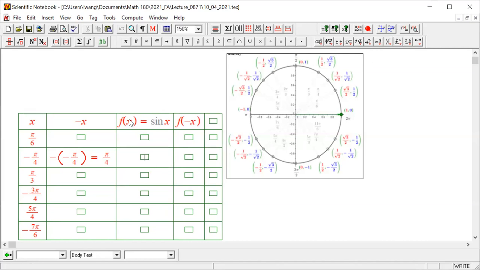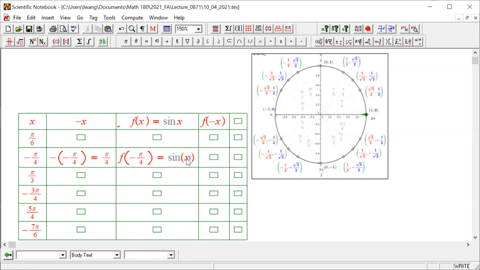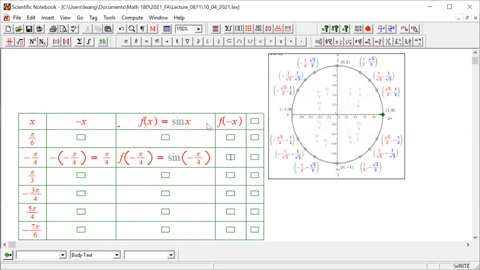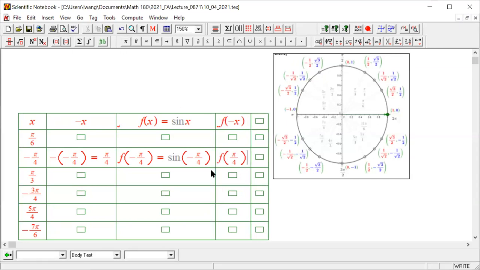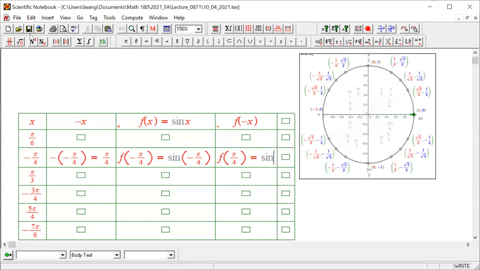So we look at that. When we do f of negative pi over 4 versus f of pi over 4, that's sine pi over 4.